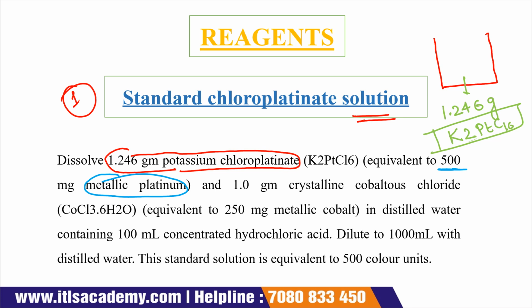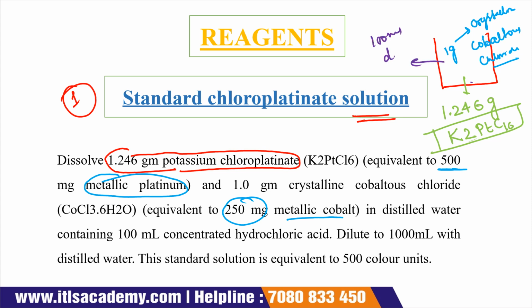1 gram of crystalline cobaltous chloride, and this is equivalent to 25 milligram of metallic cobalt. Now we take 100 ml of distilled water.